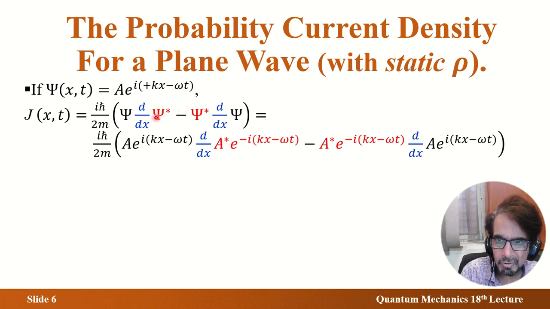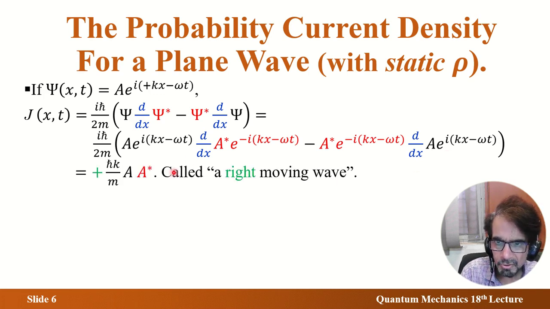The second term is the complex conjugate of the first. Either you can calculate afresh, or you just simplify the first term, and at the end you take the complex conjugate of the result. Whatever way you do it, the result becomes, I show you, the first term is this exponential. After differentiation, the exponential remains unchanged.